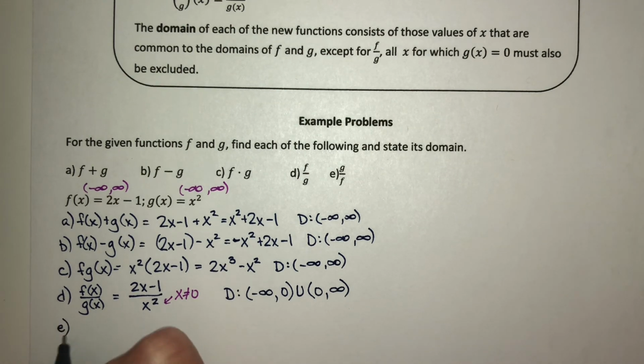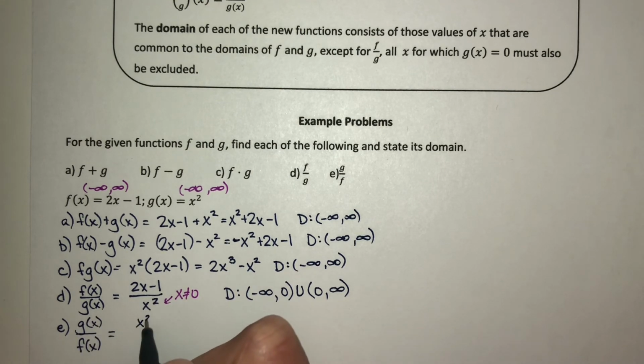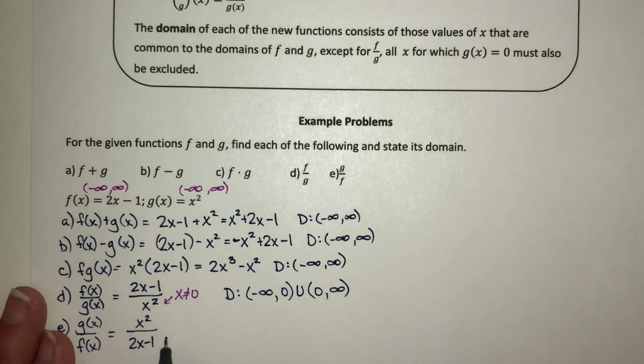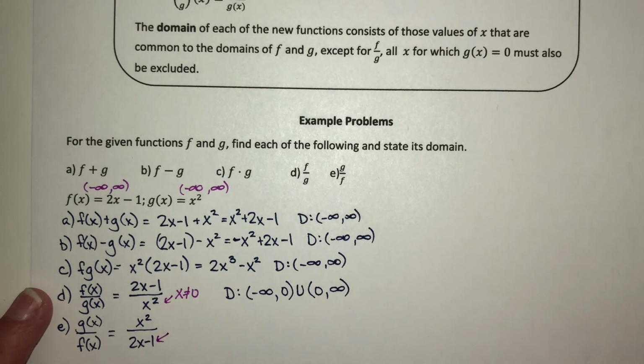Now part E is g over f. So g of x over f of x will be x squared over 2x minus 1. And we still had no problems with each individual piece, but we do have to be aware of what makes that 0.